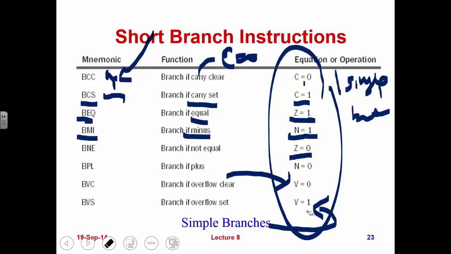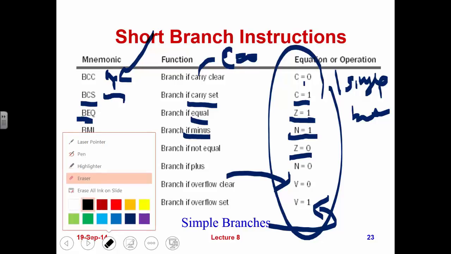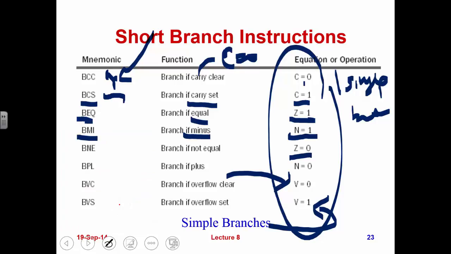So we may consider these two as a pair, and this one is a pair, and this one is a pair, and these two are a pair.